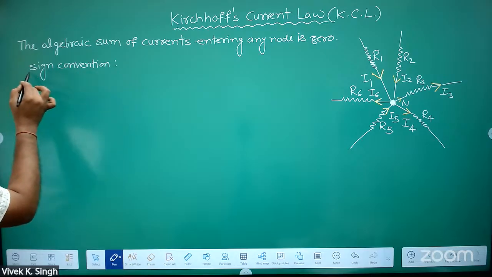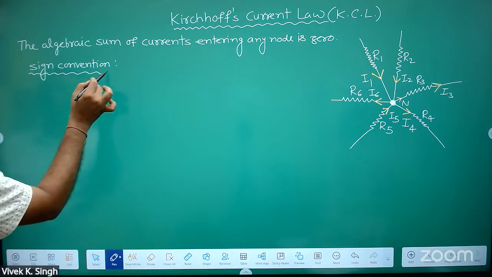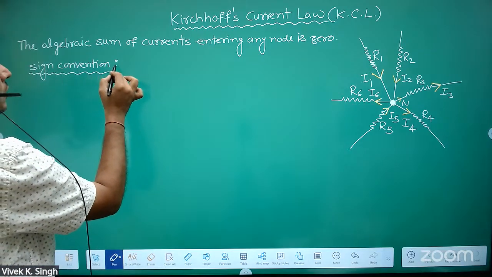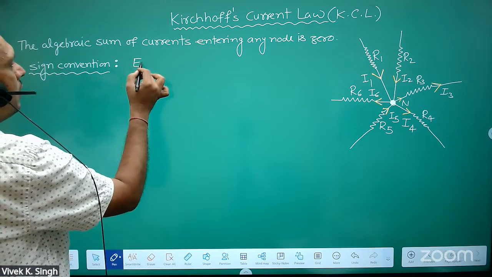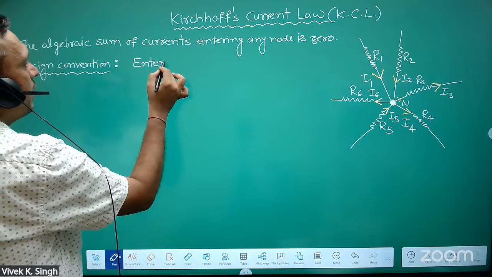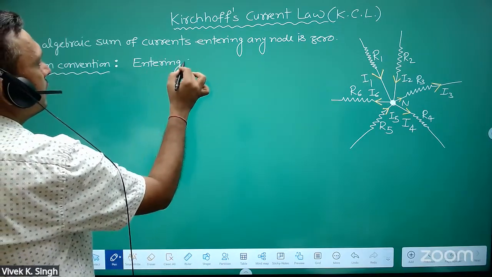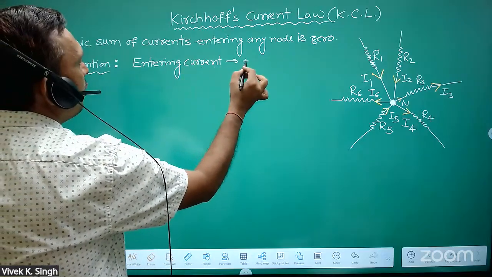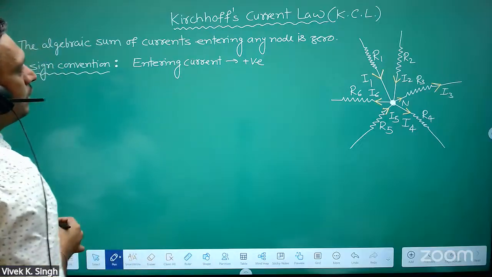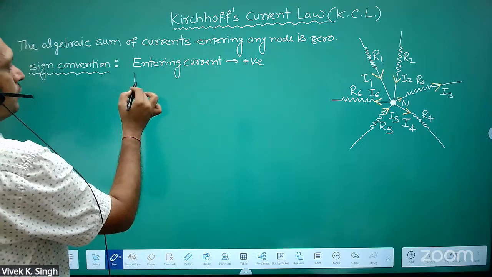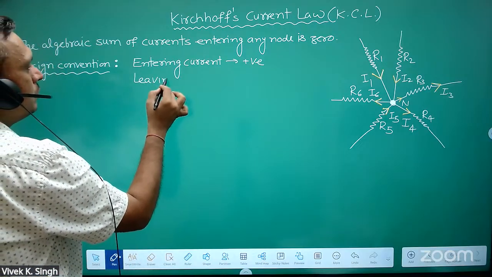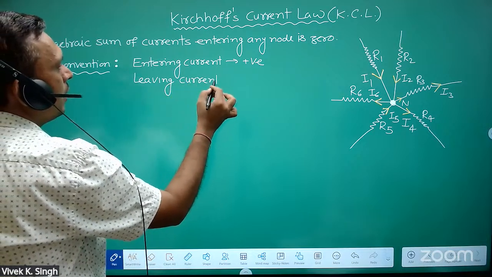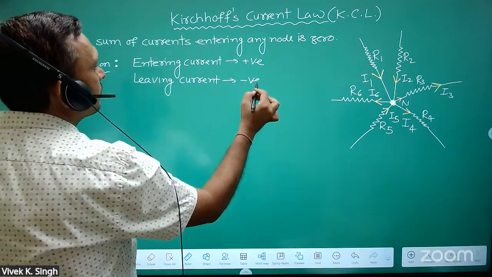So when you have to see algebraic sum, you have to take some sign convention. So let's see, current entering the node is positive. Entering current, I am taking to be positive. And leaving current is negative, leaving the node. Current is negative.